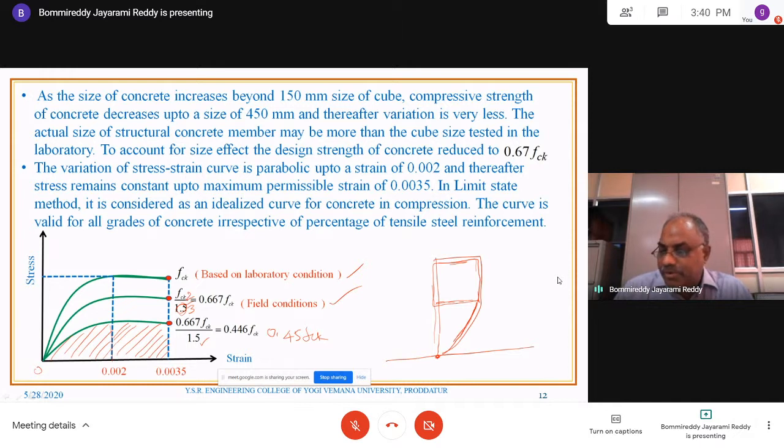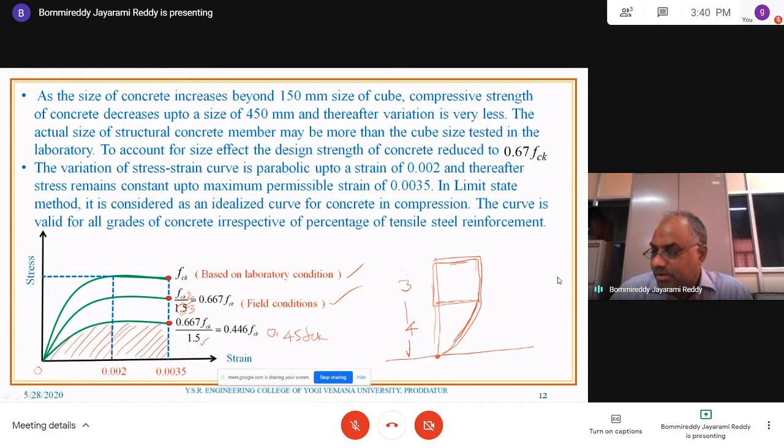So how many parts up to here? 7 parts, 7 into 5, 35. How many parts here? 5 into 4, so 4 parts here. Overall is 7 parts. So that means you can call it as 4 parts and 3 parts.